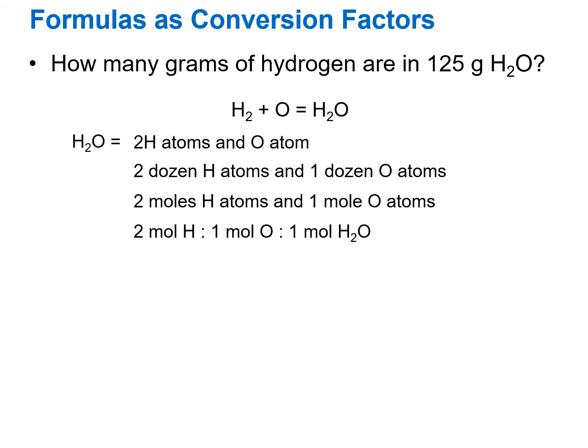So that's what this is telling us, is we have all these relationships. What relationship are we interested in? We're interested in the relationship between water and hydrogen. So when we look at the ratio using the moles, what we're going to be interested in using are the moles of hydrogen and the moles of water when we get to that.